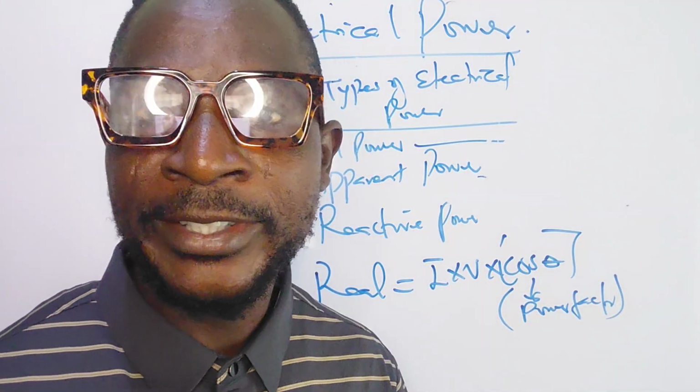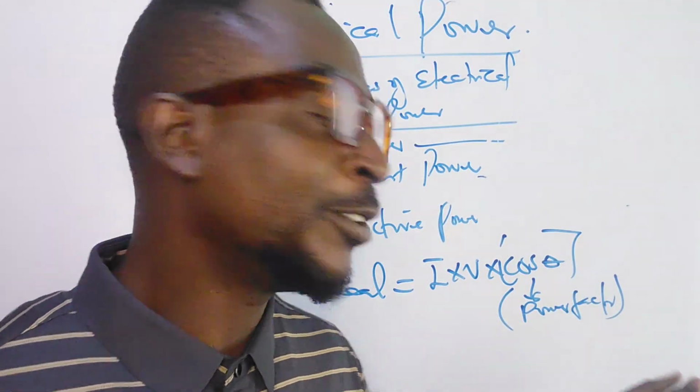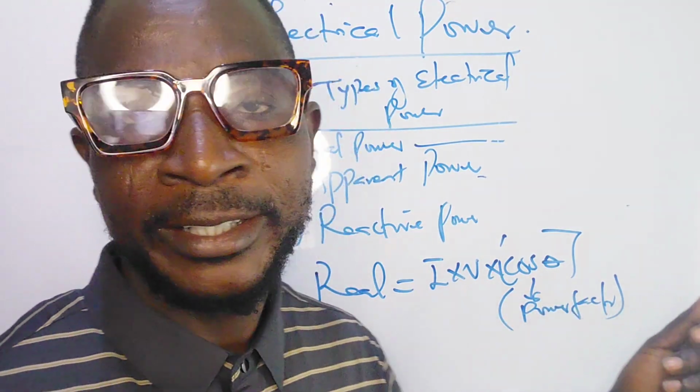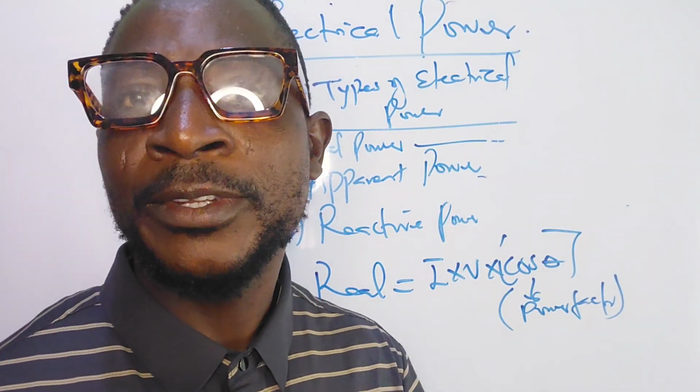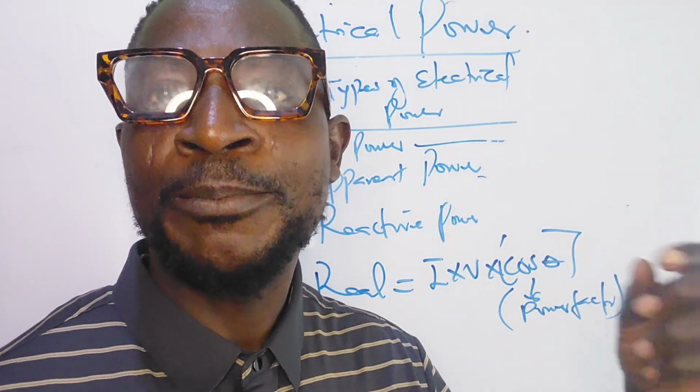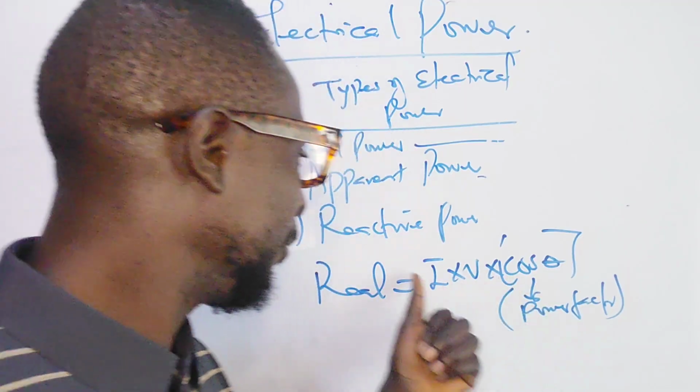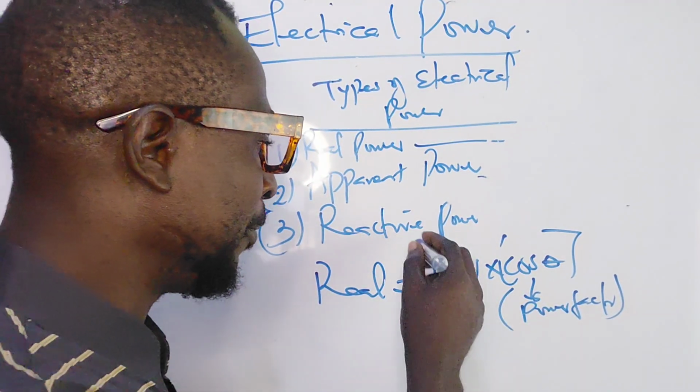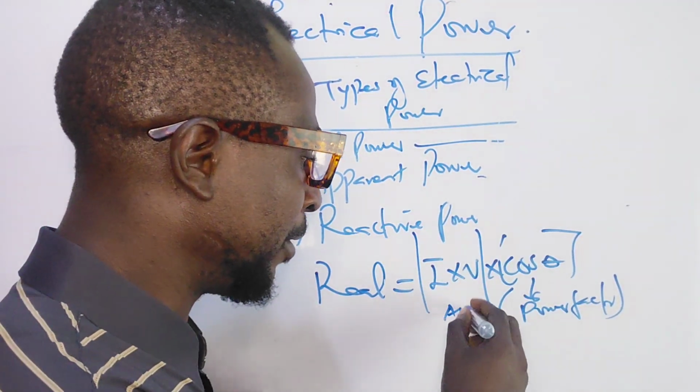If the power factor given is 0.8, what you just need to do is multiply the apparent power by the power factor to get real power, because this part is the apparent power.